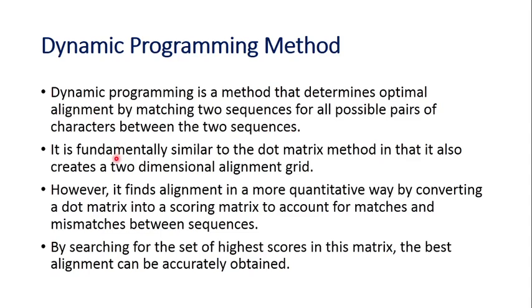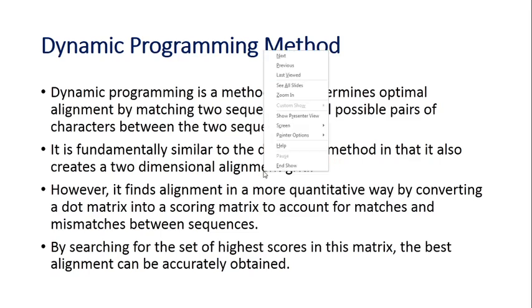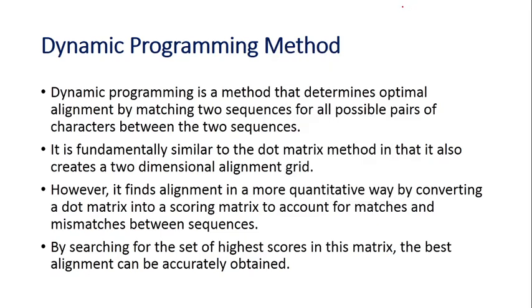Earlier we used the dot matrix method for finding the sequence alignment. The dot matrix method is more or less a qualitative method which is used to align DNA or protein sequences. In the dot matrix method, we write the nucleotide sequences in a two-dimensional grid.